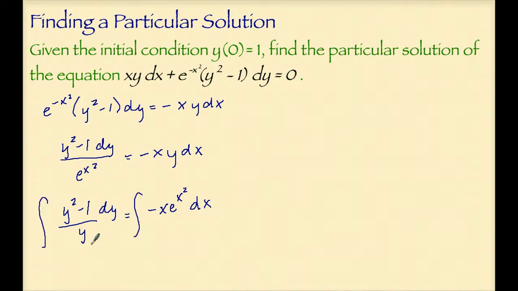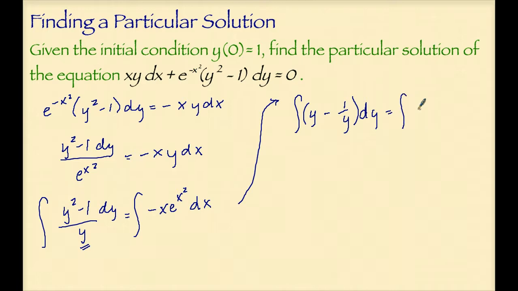On the left side, since the denominator is a monomial, we should simplify this further and write this as the integral of y minus 1 over y dy equals the integral of negative x e to the x squared dx. On the left side, I'll have 1/2 y squared minus natural log of y.